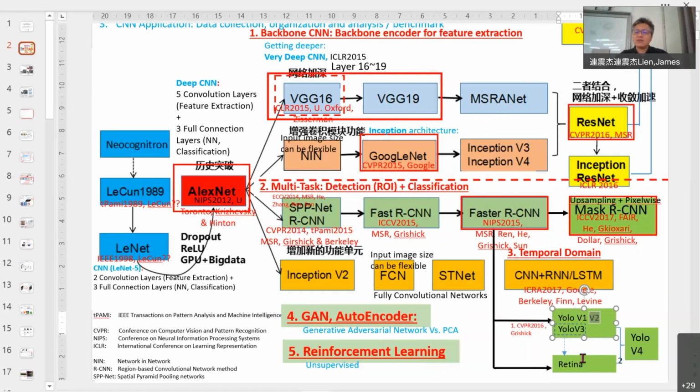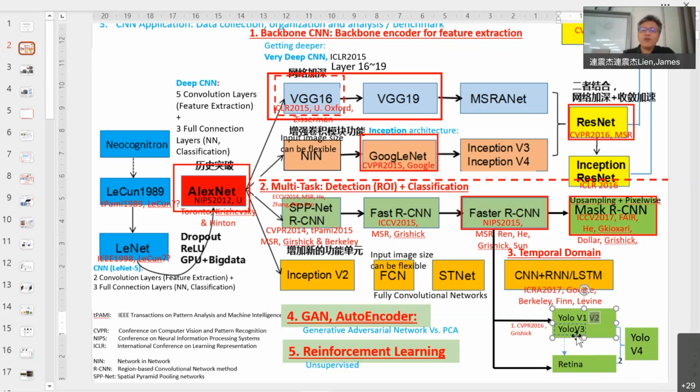And then RetinaNet uses a feature pyramid network. So YOLO V3 is applied with Retina. You'll find YOLO V3 has a feature pyramid network, FPN, with upsampling. So after Retina, we have YOLO V3. And after PANet, we have YOLO V4.